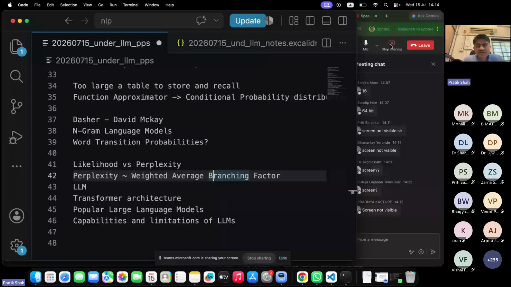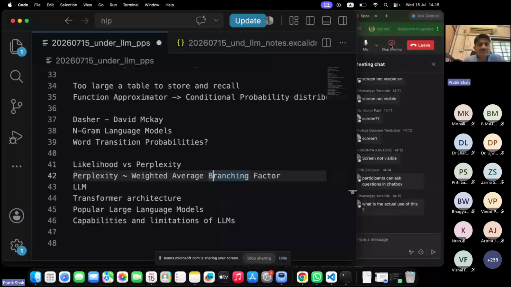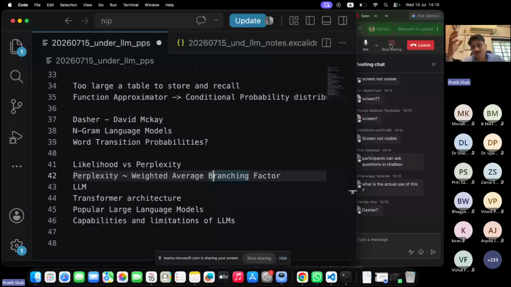What is the actual use of this? If you go to Dasher's webpage, there are interesting use cases. One of the use cases: when you are wearing a headset, you are in a metaverse, and most of the things happen using gesture and eye tracking devices.